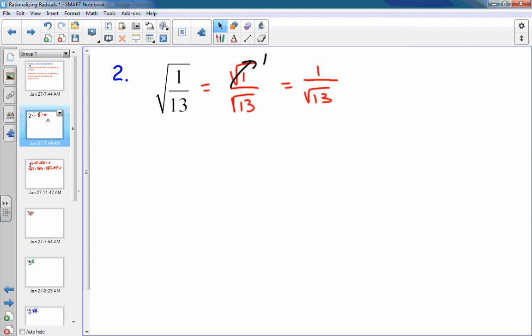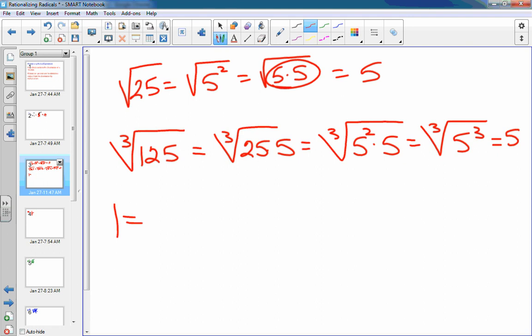If we come back here and we look at our problem, how many 13s do I currently have underneath there? 1. In order for me to pull 1 on the outside, how many total do I have to have inside? 2. So how many more do I need if I currently have 1 inside? I need 1 more. So what we're going to do is we're going to multiply by a value of 1. 1 takes on infinitely many different shapes, sizes, or values.